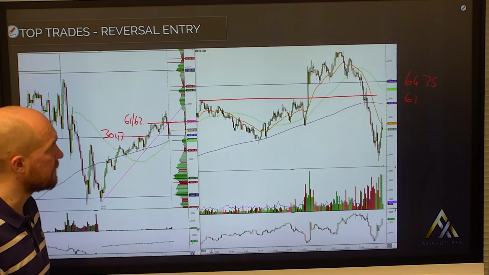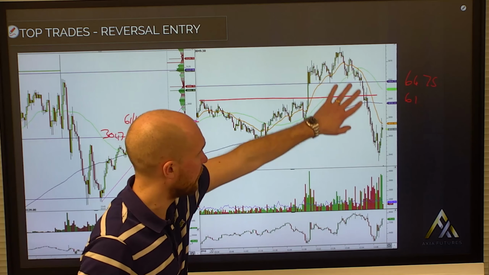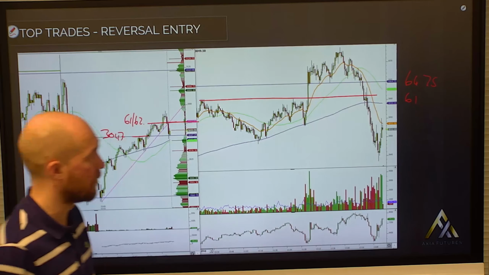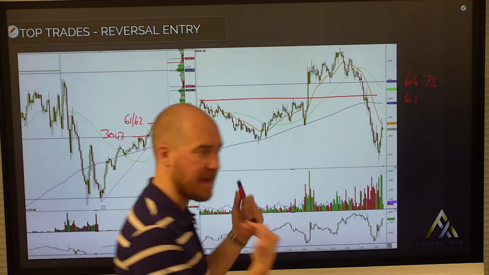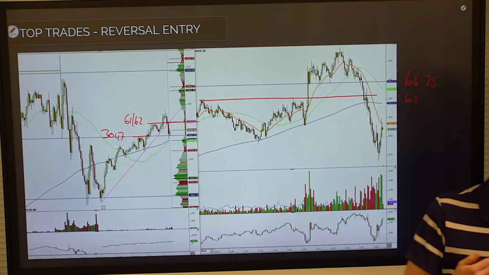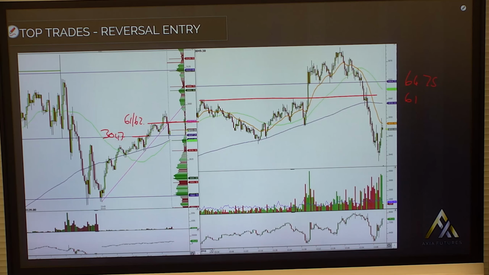Just off a 15-minute chart, you're ignoring this drop down here and you're going to try and sell 61. By getting in on the break of 64 3/4, what this means is by the time you get to the point where this market could then develop further towards the downside, you're actually already nearly 4 handles on side now. This gives you more comfort.